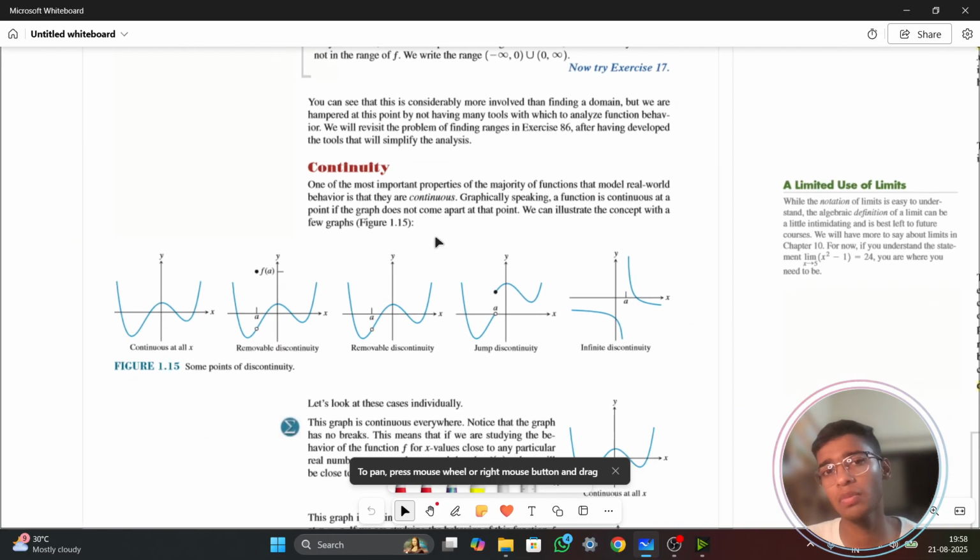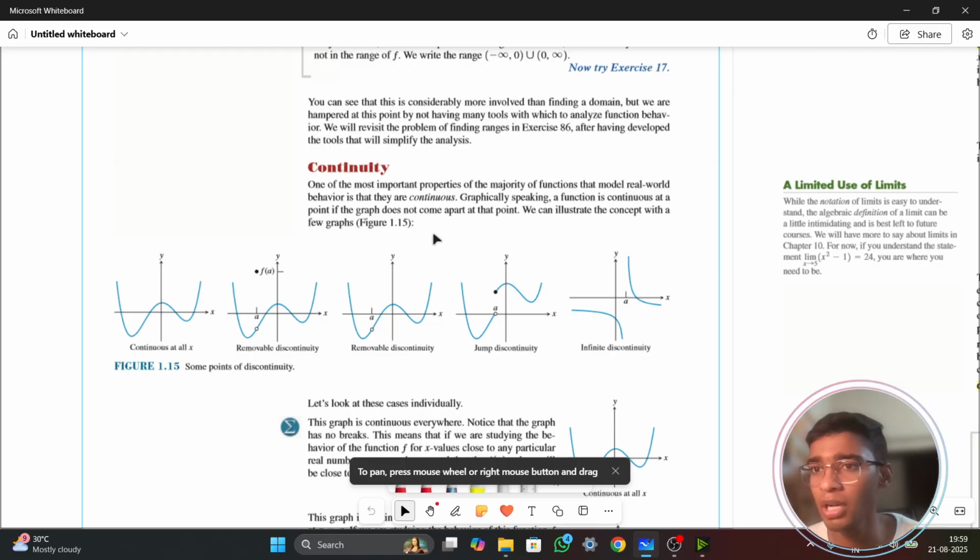So now let's start with another important concept which is called continuity. What exactly is continuity? If we see in normal terms, something that is continuous is something that is not having any breakage or discontinuity.